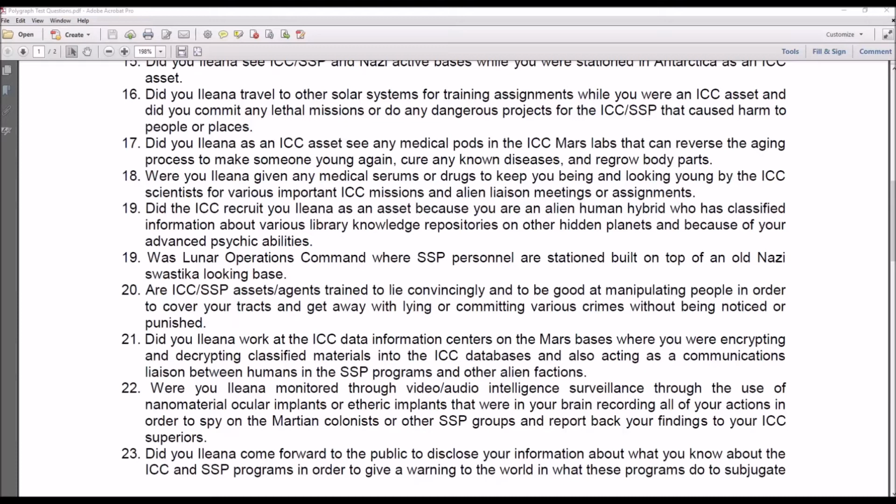These implants were there for me to help me remember better my experiences in the ICC and the SSP. They were there to help me have photographic memory, basically, but they had other purposes that were for spying, especially on the Martian colonists, because the ICC and the reptilian aliens wanted to displace those Martian colonists who were there through the beginning of Mars.